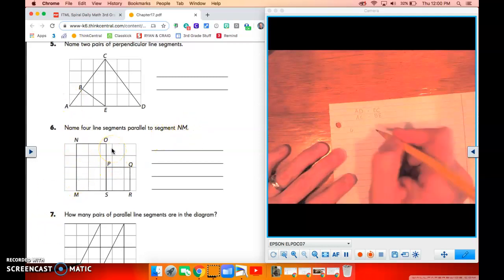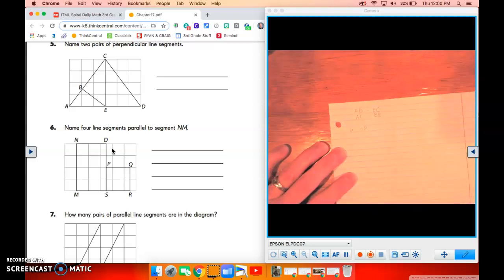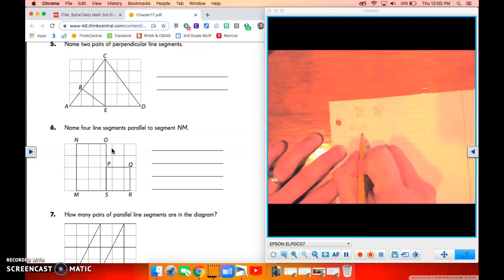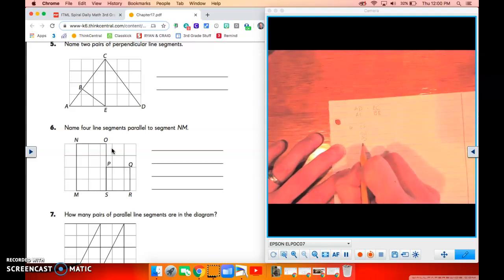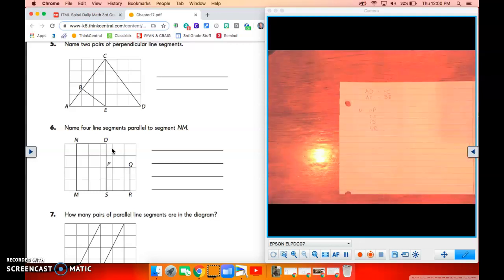Number 6, name 4 line segments parallel to NM. There's OP, OS, PS, and QR. All of the lines that are straight up and down are going to be parallel to MN.